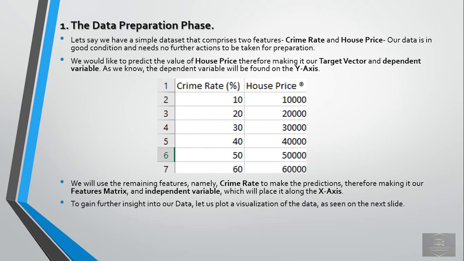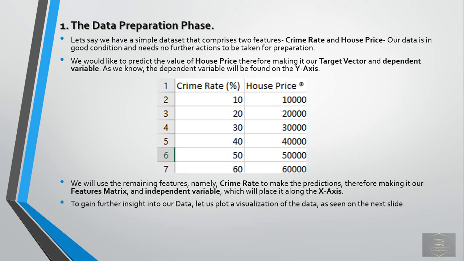Number 1. The data preparation phase. Let's say we have a simple data set that comprises two features, crime rate and house price. Our data is in good condition and needs no further actions to be taken for preparation. We would like to predict the value of house price, therefore making it our target vector and dependent variable.